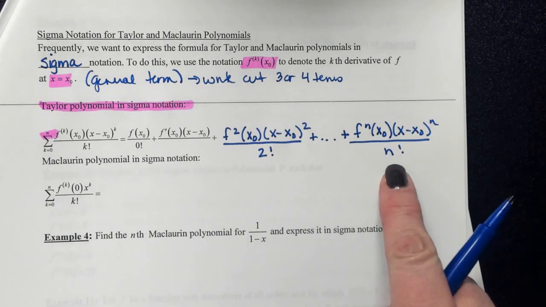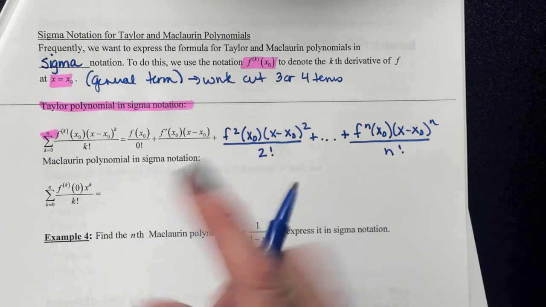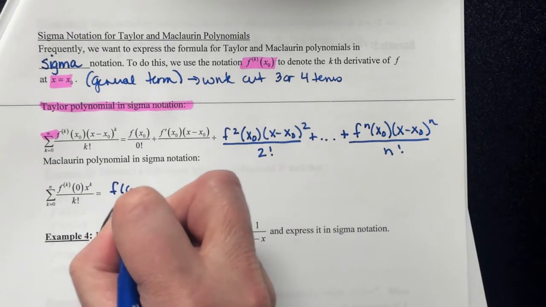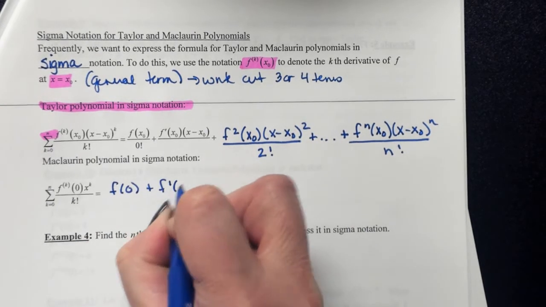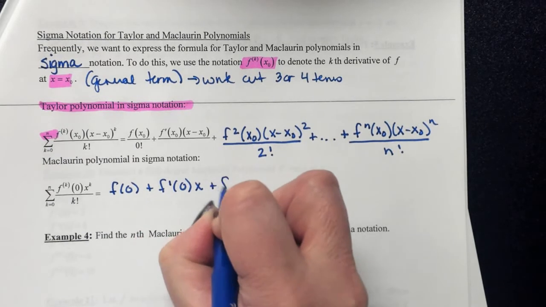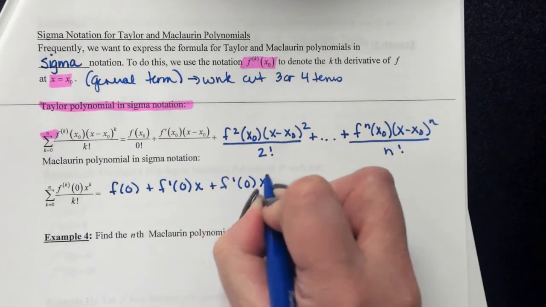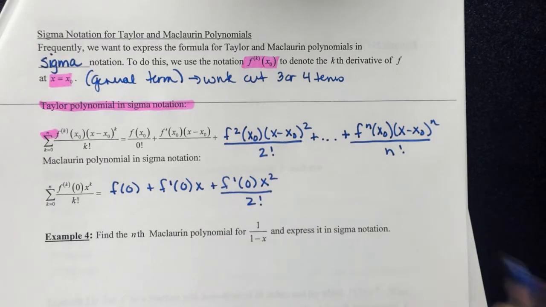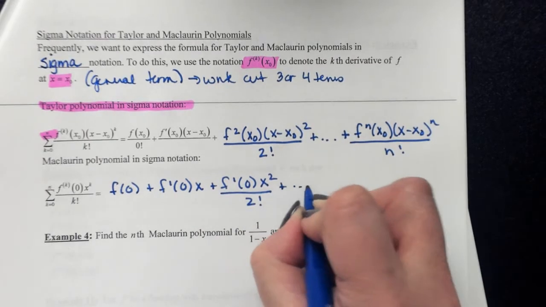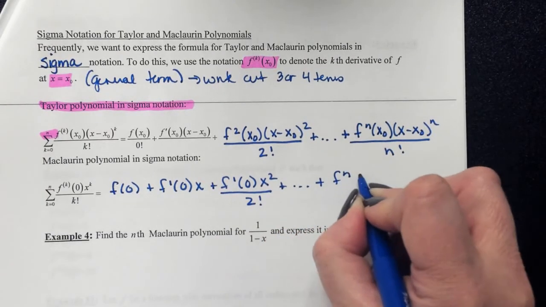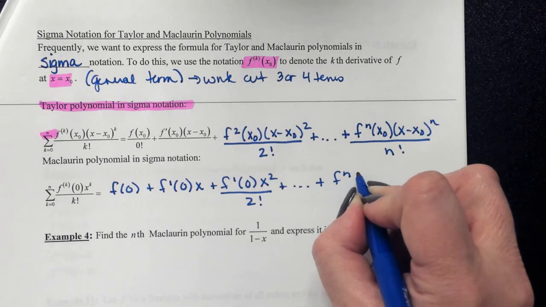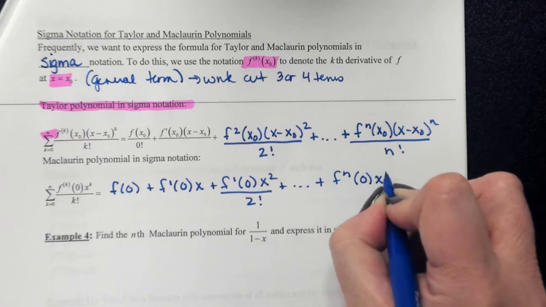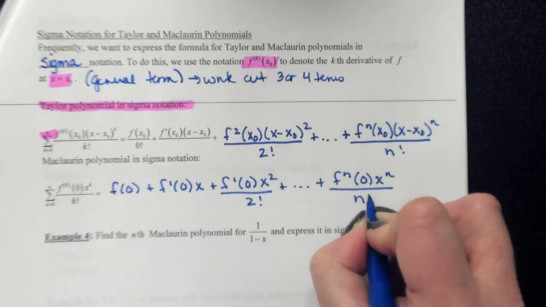All right? For your Maclaurin polynomials in sigma notation, remember you start with f of 0 plus f prime of 0 times x plus f double prime of 0 times x squared all over 2 factorial plus, plus your f to the nth of 0 times x to the nth all over n factorial.